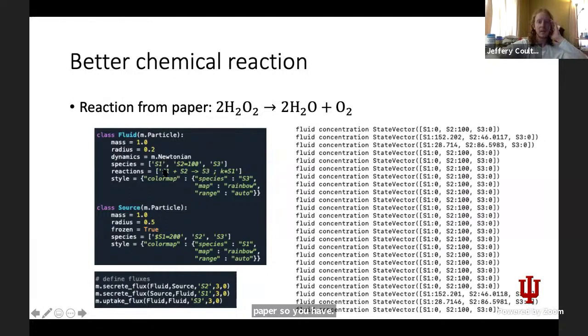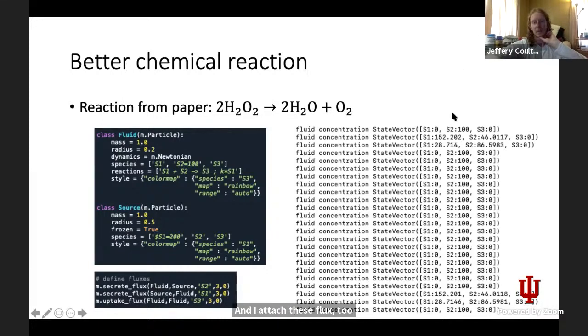And so what I assumed is I could say S1 here is the catalase and S2 is hydrogen peroxide, then S3 would be the products of the reaction when they react. So the fluid has this peroxide attached to it, and the source, the catalase, has this, and I attached these flux terms to it.